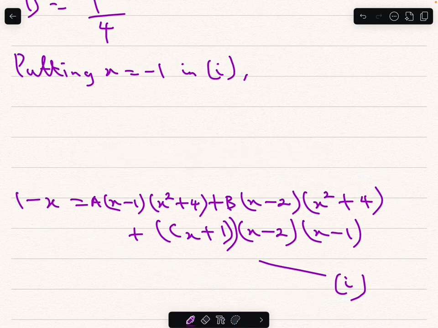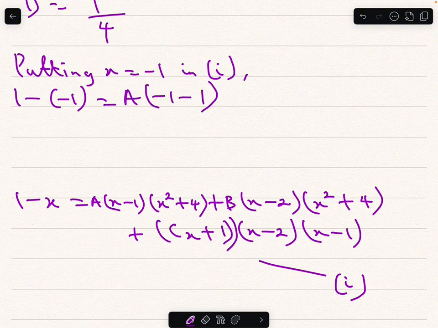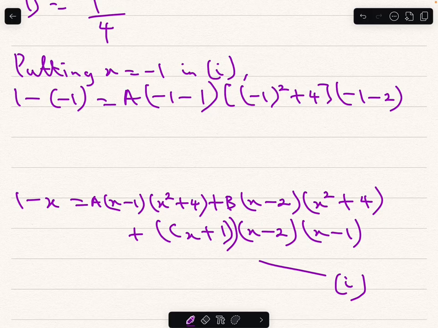That simply means 1 minus 1 is equal to a into bracket minus 1 times minus 1 squared plus 4, minus 1 squared plus 4 times minus 1 minus 2. Am I writing it right? A into bracket x minus 1 times x squared plus 4.